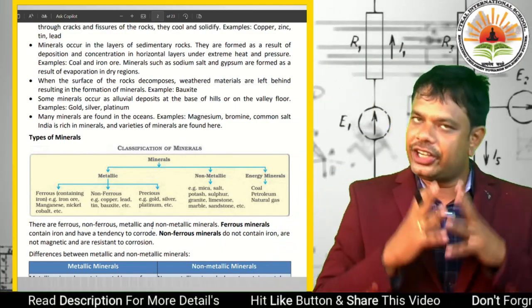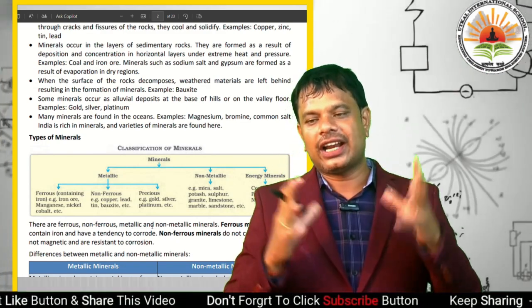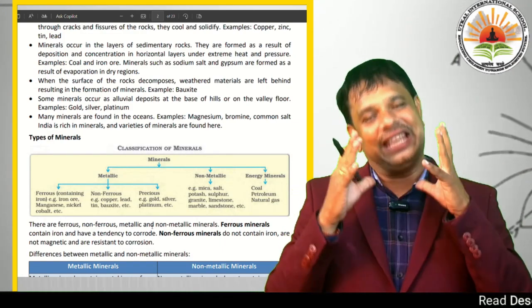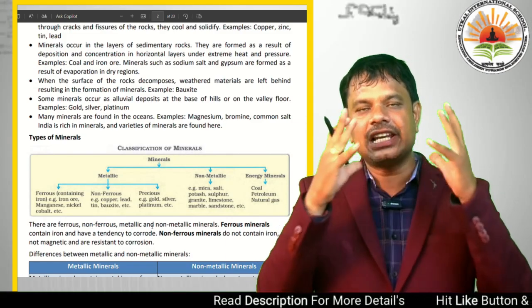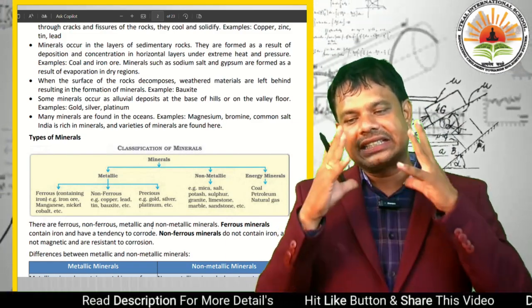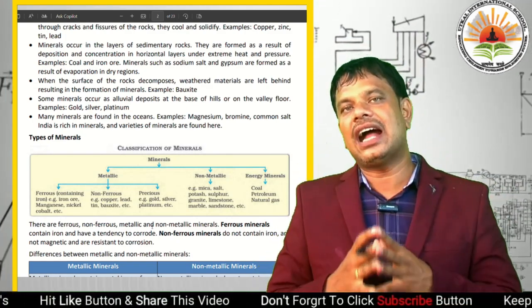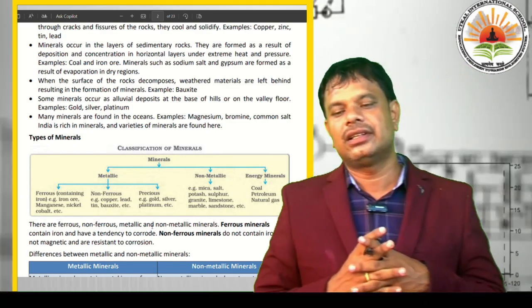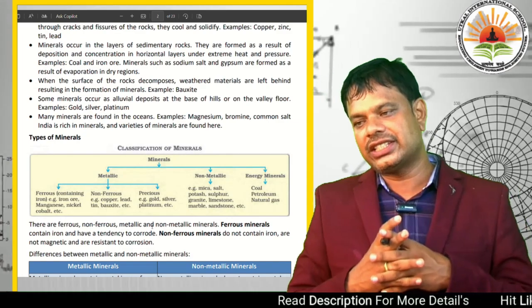Then, dear students, some minerals occur as alluvial deposits at the base of hills or the valley floor. Examples: gold, silver and platinum. Dear students, many minerals are also found in the oceans.